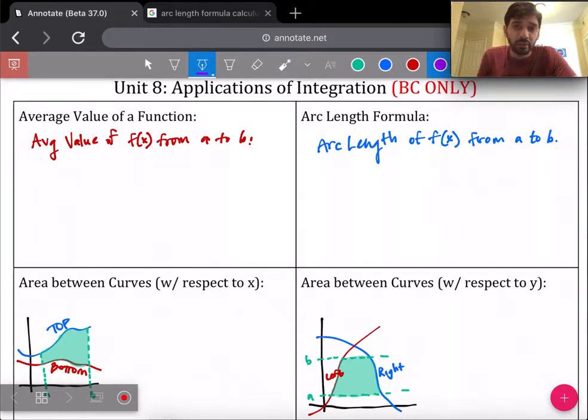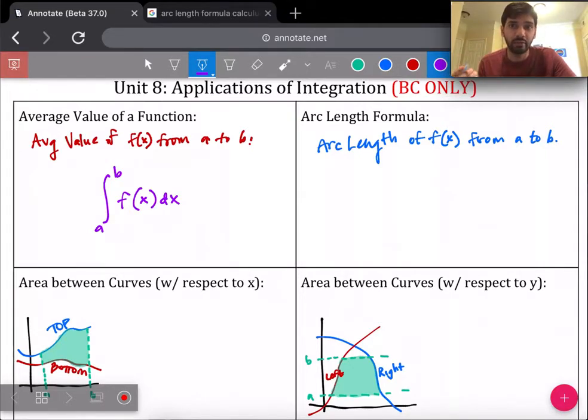But the average value is the area under the curve from two points A to B. So it also asks you the average value from point A to point B. Whatever those numbers are, those are your bounds. The average value of the function is the integral, so the area under the curve divided by the distance between the x values of your bounds.